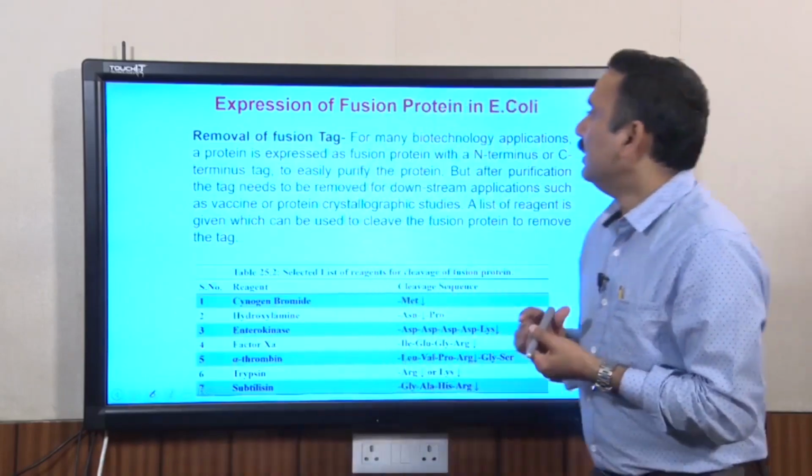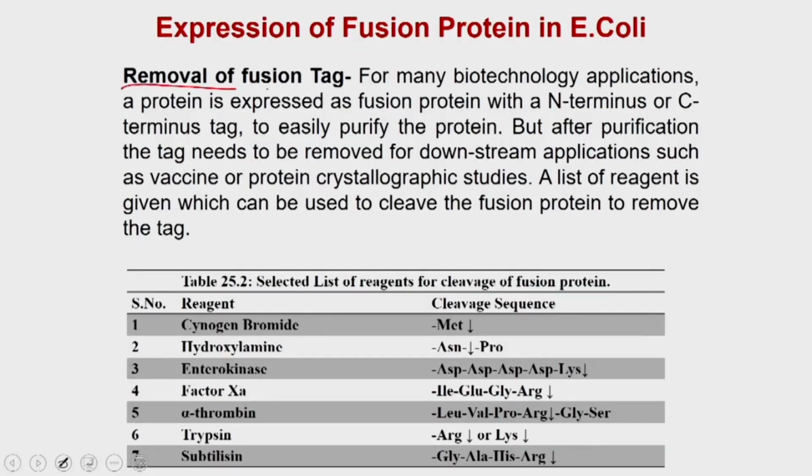How to do that? For removal of the fusion tag: for many biotechnology applications, a protein is expressed as a fusion protein, either at the N terminus or the C terminus, for easy purification.